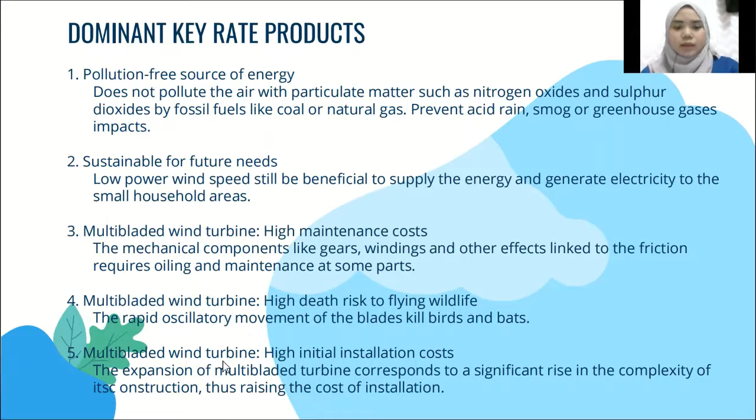Besides, the multi-bladed wind turbine also has high initial installation costs because the expansion of a multi-bladed turbine corresponds to a significant rise in the capacity of its construction, thus increasing the cost of installation.